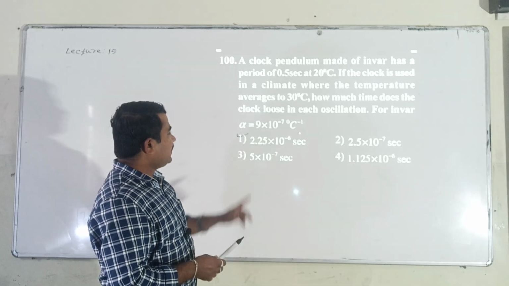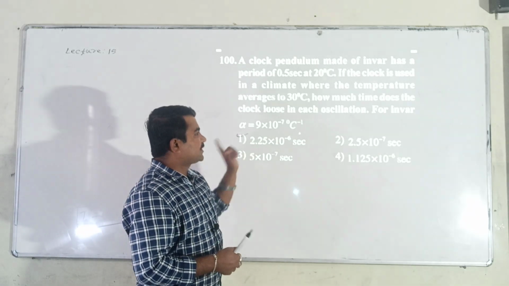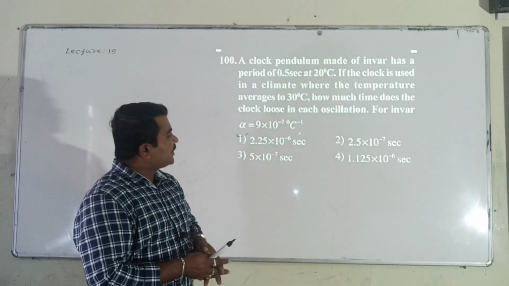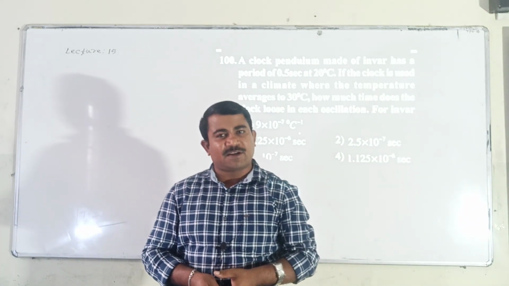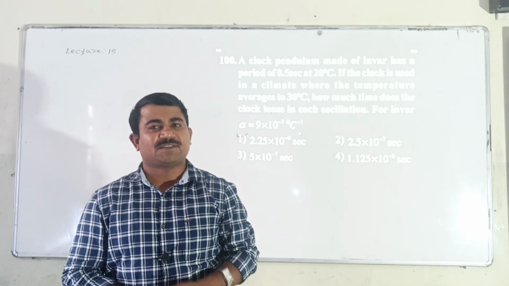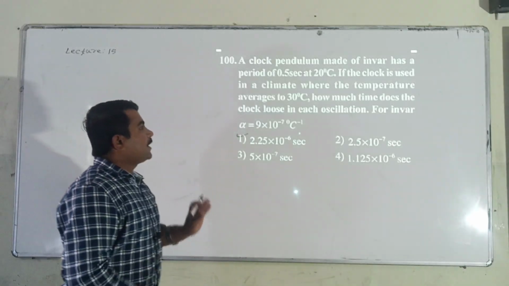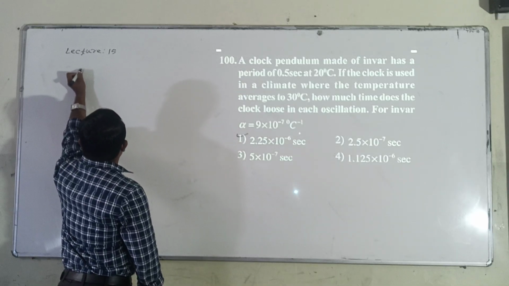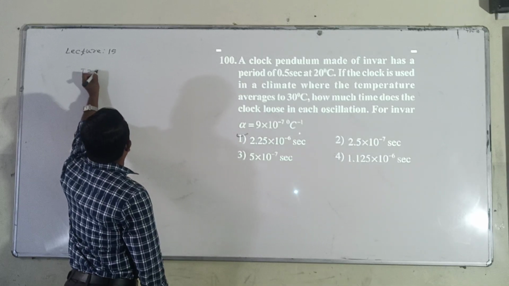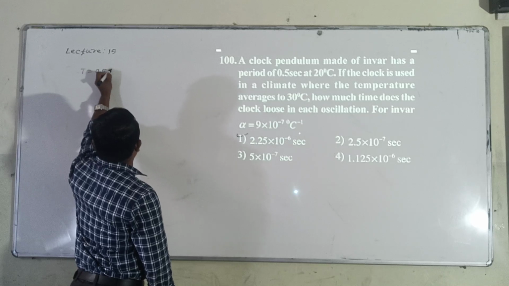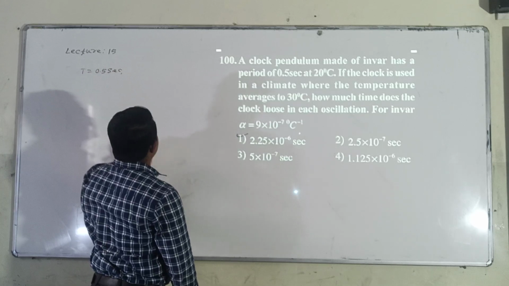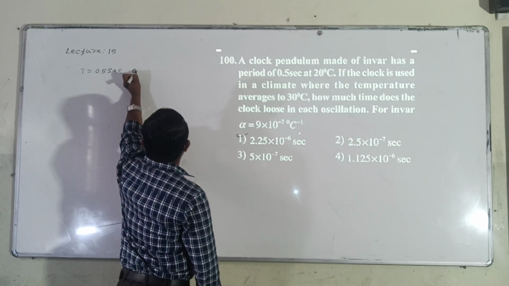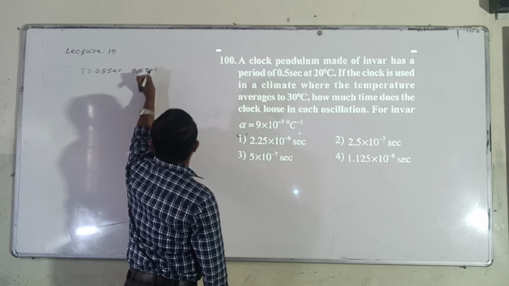For invar, the given alpha value, that is the coefficient of linear expansion, is 9 into 10 raised to minus 7 per degree Celsius. See here, what has been given? A pendulum clock. Initially its time period T is 0.5 second. The initial temperature theta 1 is 20 degrees Celsius.